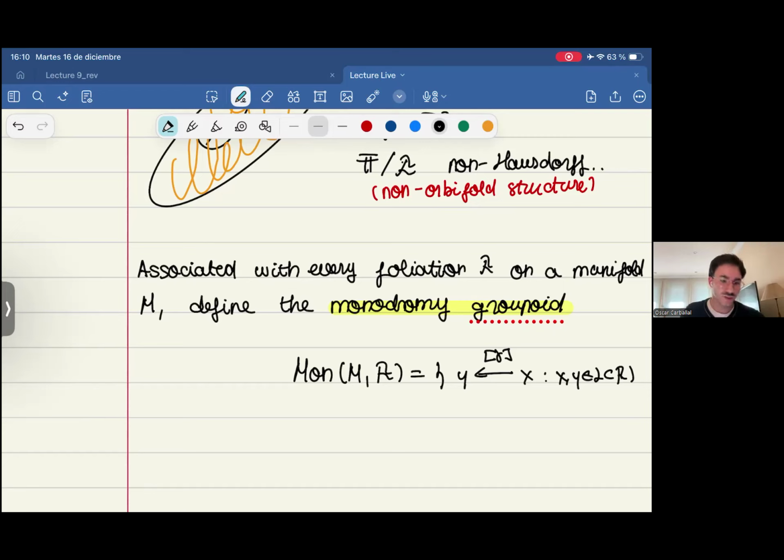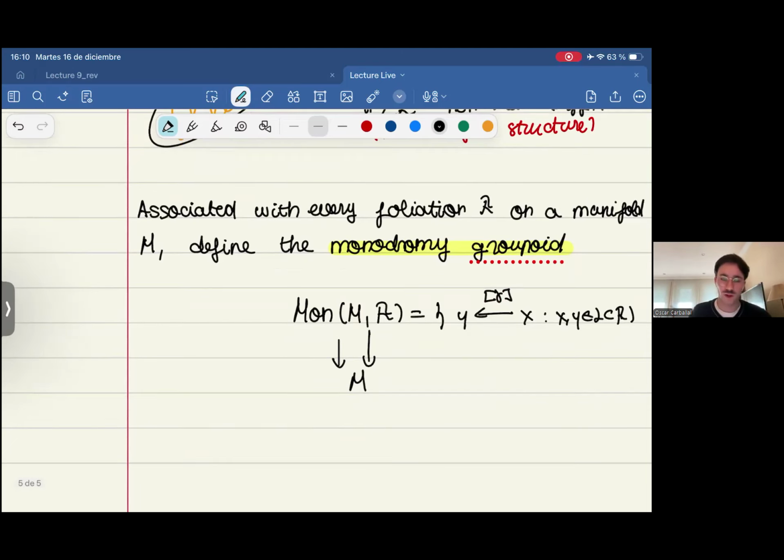So the arrows consist only of homotopy classes relative to two points living in the same leaf. In a very natural way, the source is the starting point of the homotopy class, and the target of an arrow is the end point of the path lying in the homotopy class.